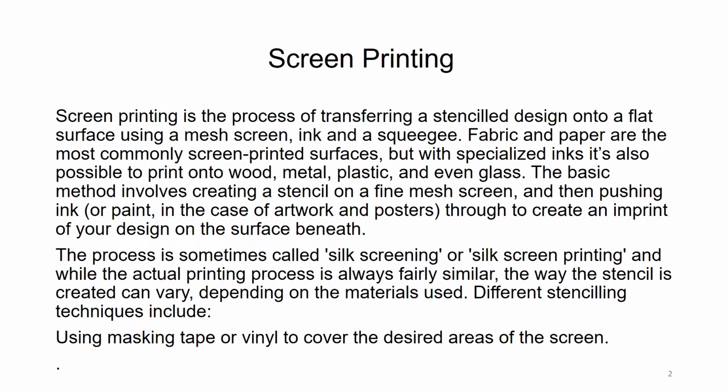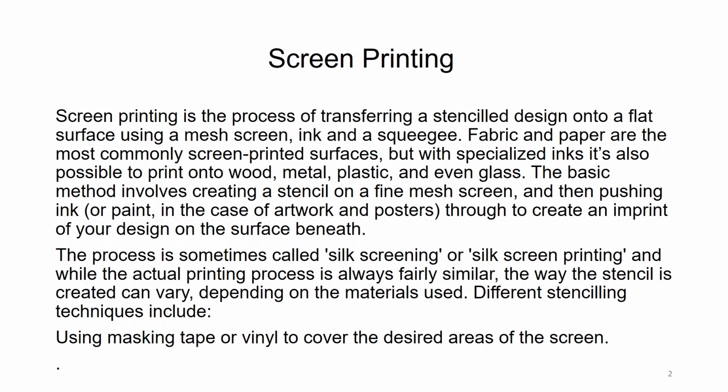The basic method involves creating a stencil on the fine mesh screen and then pushing the ink or paint, in the case of artwork and posters, through to create an imprint of your design on the surface beneath. So, it is a very simple procedure, but it requires a mesh screen, ink and squeegee.